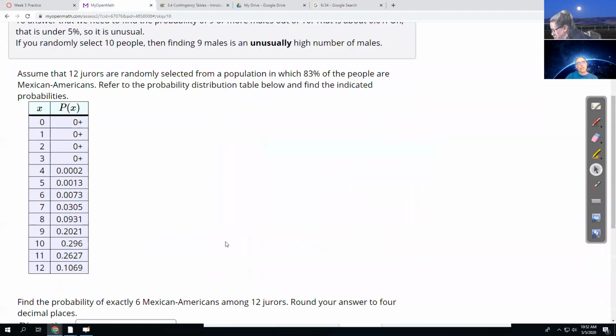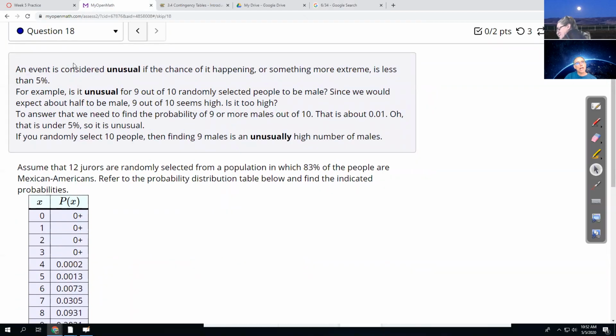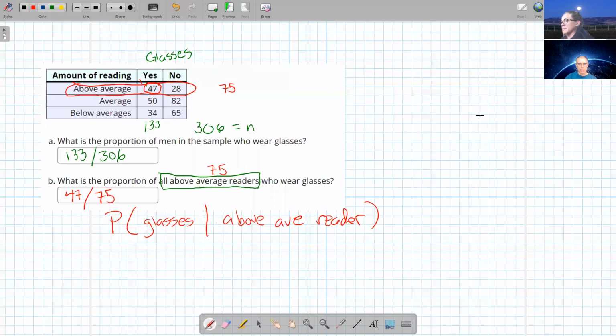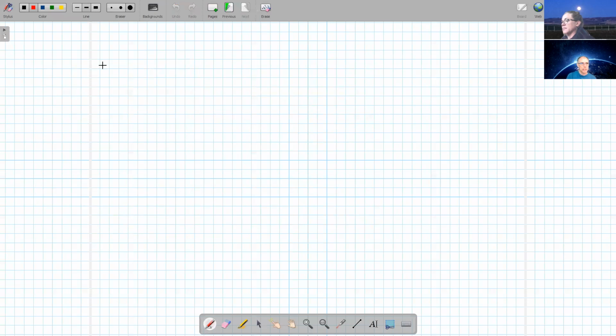All right. And so then what we're going to do is apply this rule here. I just want to sketch this idea out on a piece of paper to better understand what that rule means. So this is the unusual event rule.